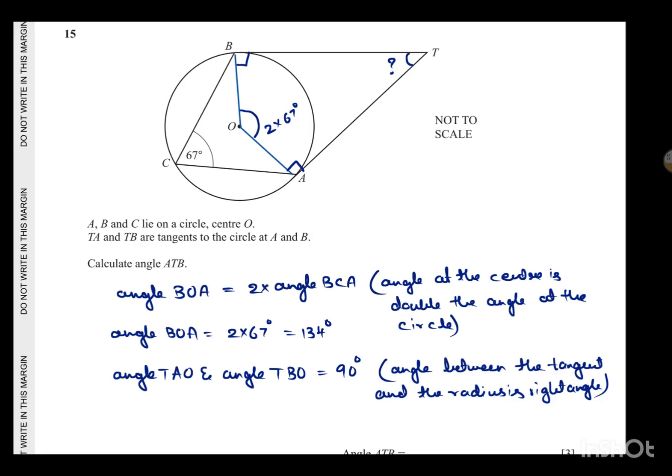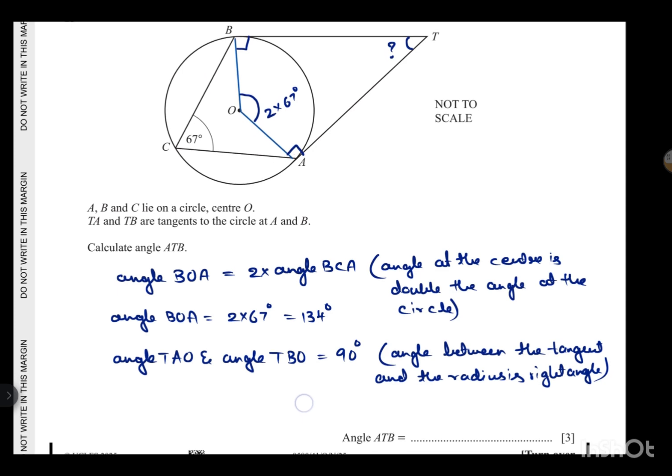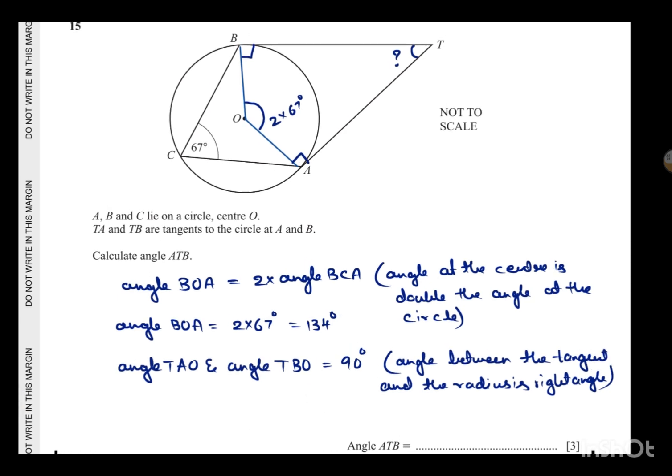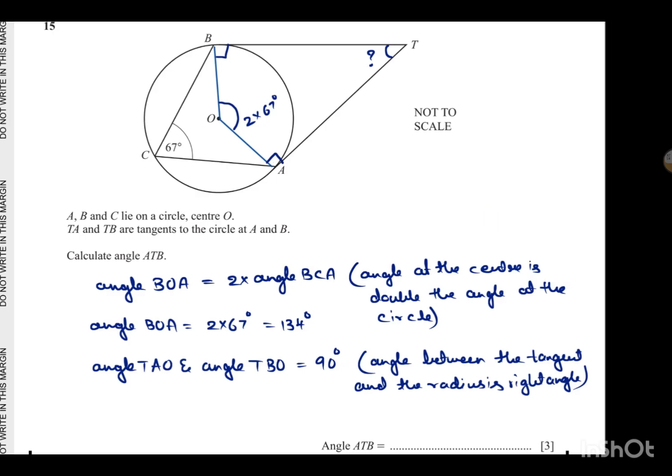Now when you see this, this is a quadrilateral. So now you can mention here quadrilateral BOAT. In quadrilateral BOAT, we know three angles.